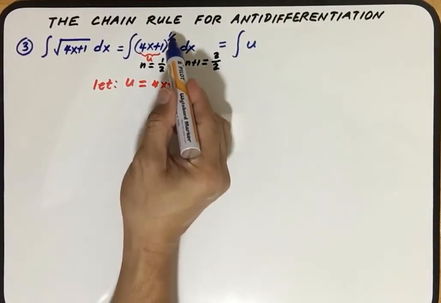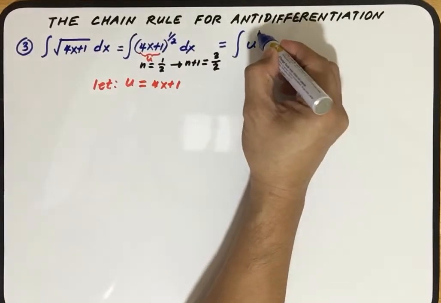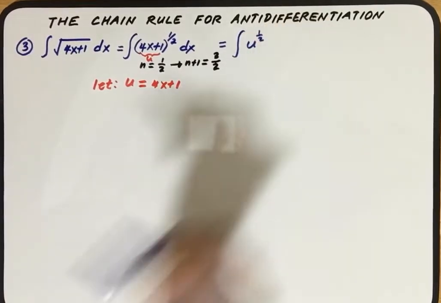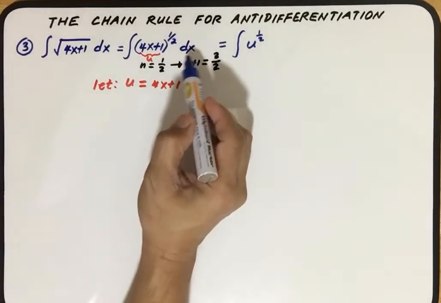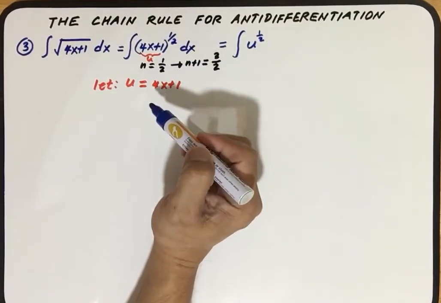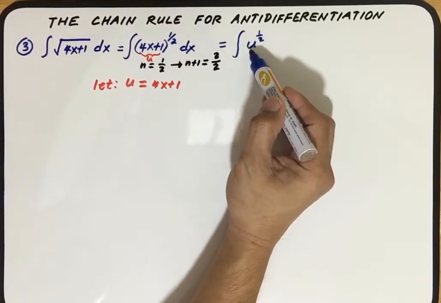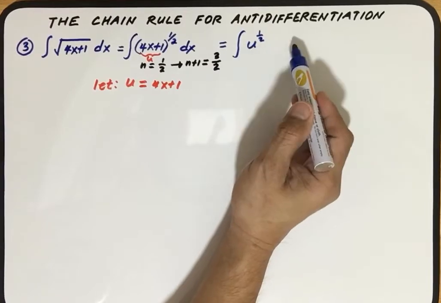Then you still use the same exponent, which is 1/2. And then we have to change this dx into something that contains du, so that we will have our new integral form as u to the n du.